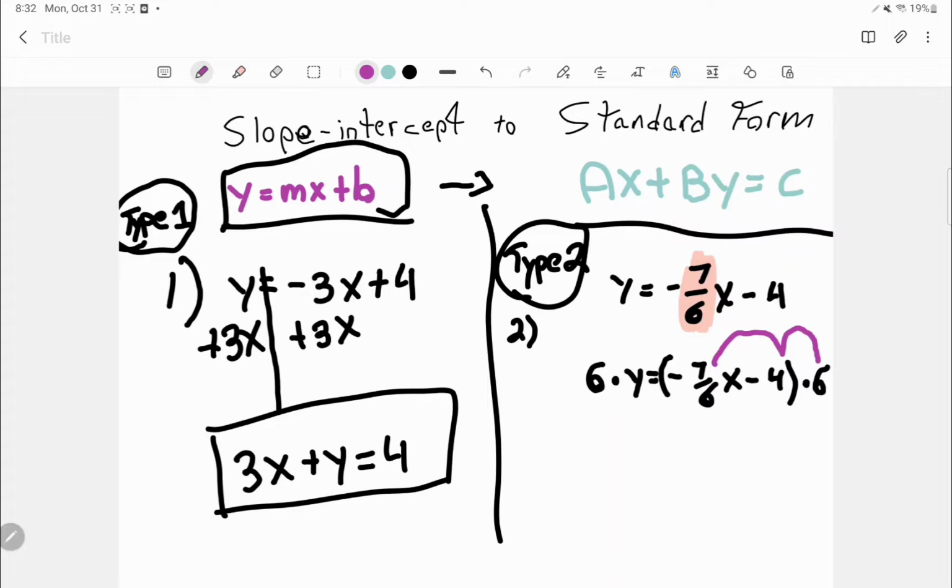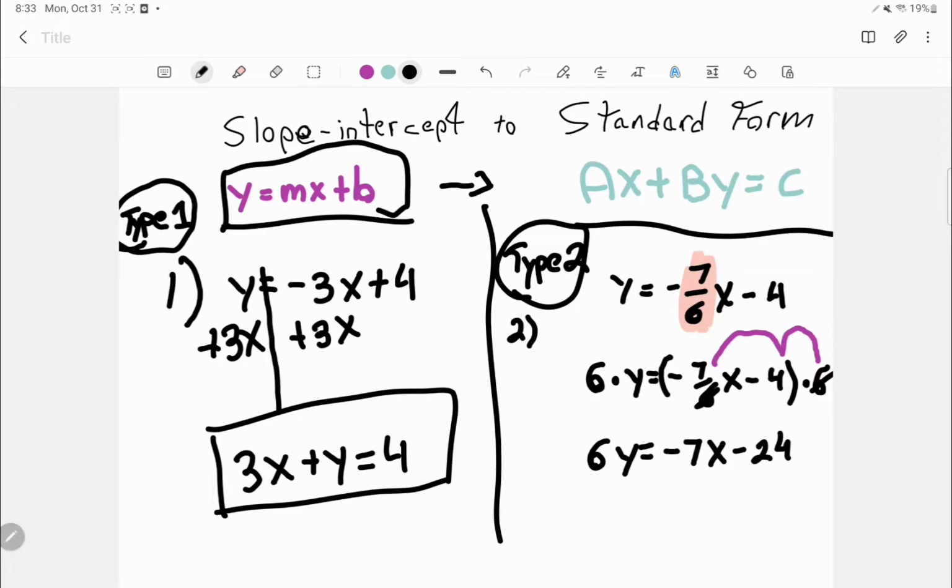So now let's simplify everything. 6 times y is 6y. It's equal to, now, 6 times negative 7 over 6 is just going to be negative 7x, because my 6 and my 6 are going to cancel. Finally, 6 times negative 4 is going to be negative 24. All I did was distribute the 6 to those two.